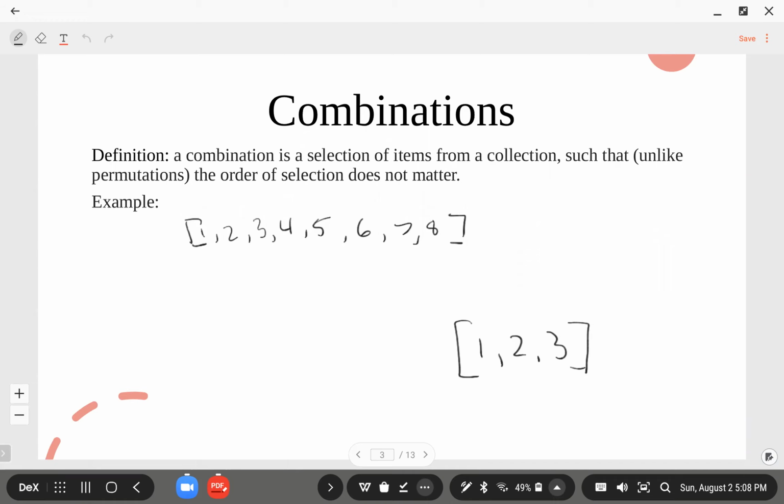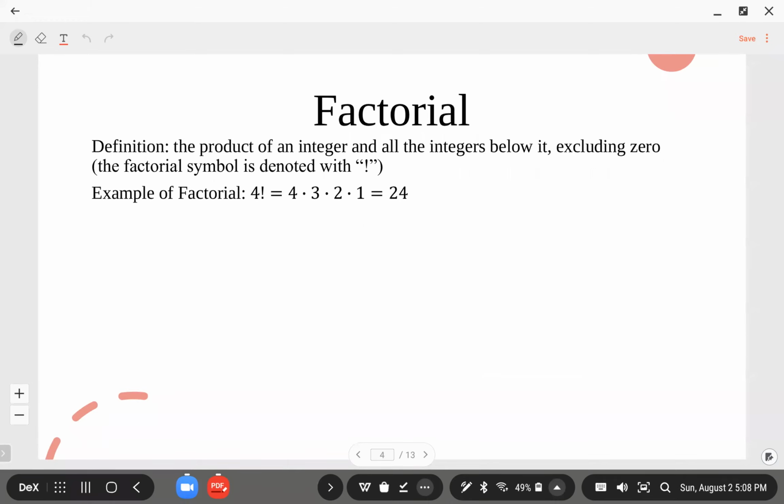Okay, so now I'm going to introduce factorial. And this will be used when solving permutations and combinations. So the definition of factorial is the product of an integer and all the integers below it, excluding 0. And the factorial symbol is denoted as an exclamation mark.